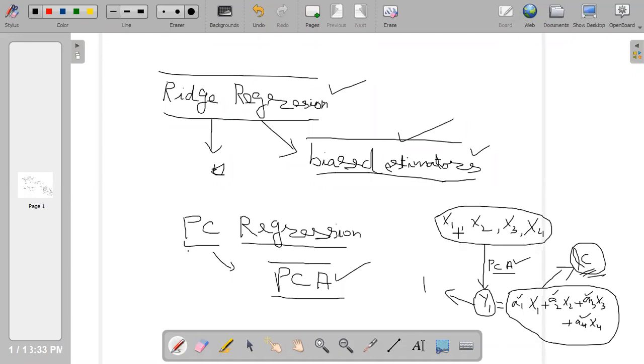Just imagine that these four variables in your model are highly correlated and causing multicollinearity.